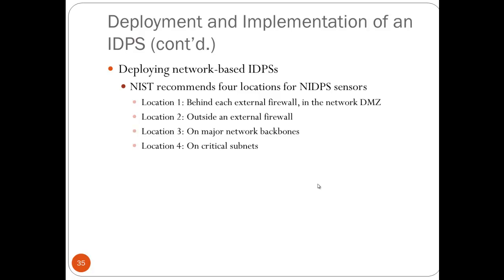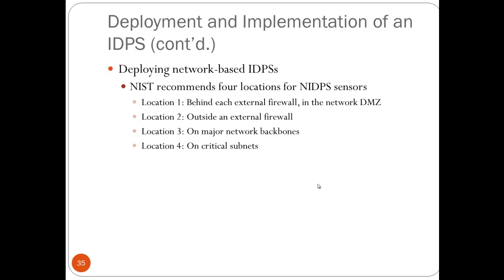Intrusion detection systems see attacks that originate from the outside world and may penetrate the network defenses. These sensors placed behind the external firewall and in the DMZ will identify problems with the network firewall policy or performance, and they also will see attacks that might target web servers or FTP servers, both of which commonly reside in the DMZ.